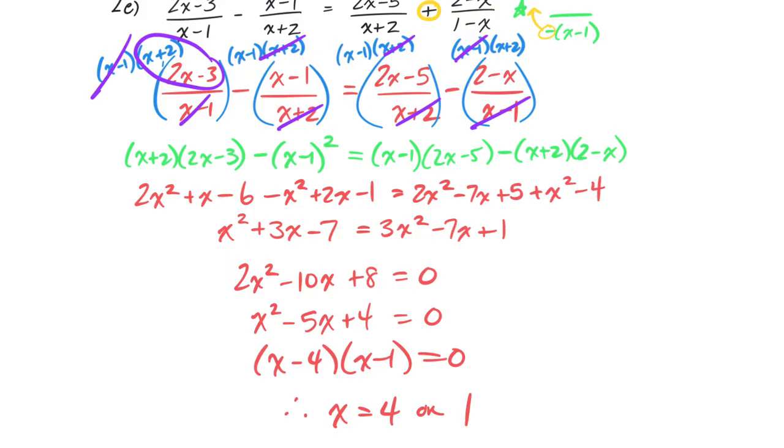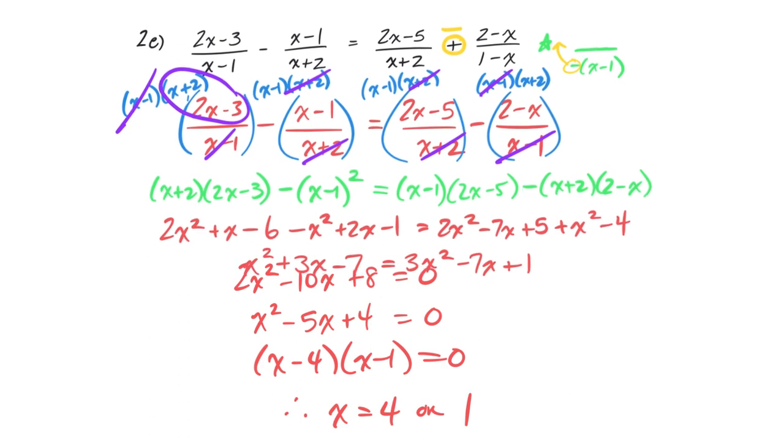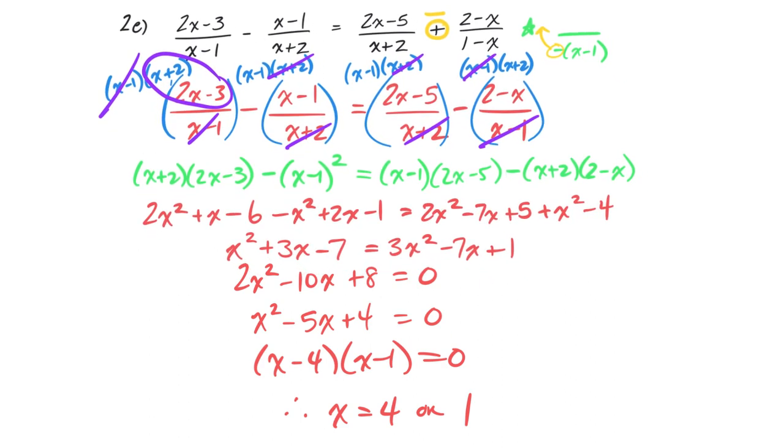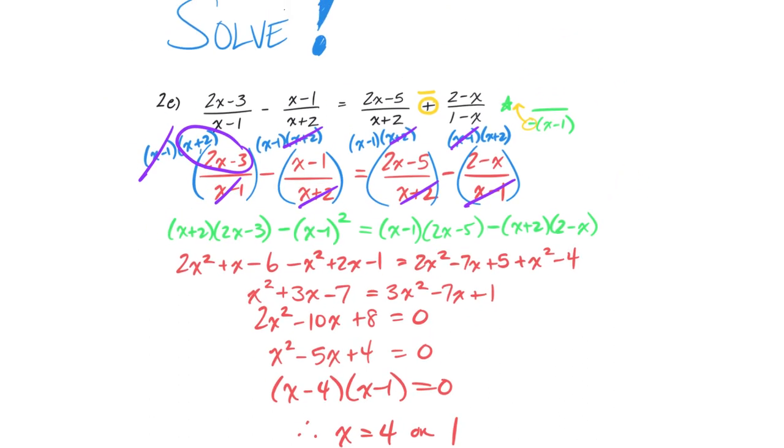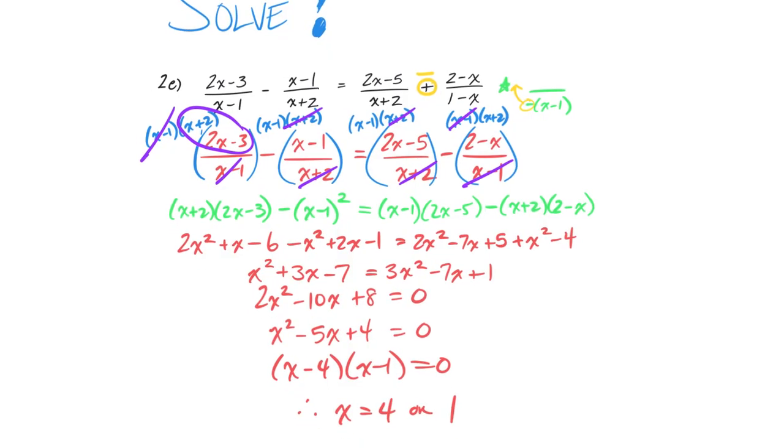Now, one of the look-fors that we have to be very conscious of when we solve an equation, and I'm just going to shrink that back down a little bit just so we can get back to what the original equation looked like. One of the look-fors we need anytime we have variables on our denominator is, could those solutions that we just found be unacceptable?